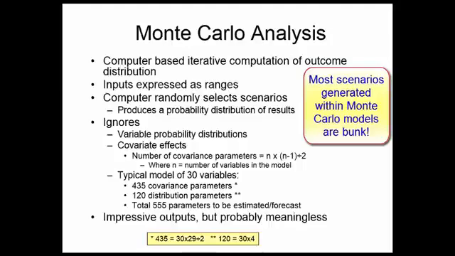One development of the Monte Carlo analysis that was intended to overcome this problem was the ability to add covariate estimates. And so the principal disadvantage of the Monte Carlo analysis, and that is that each of the variables is simply randomly estimated or guessed independent of the others, is overcome.